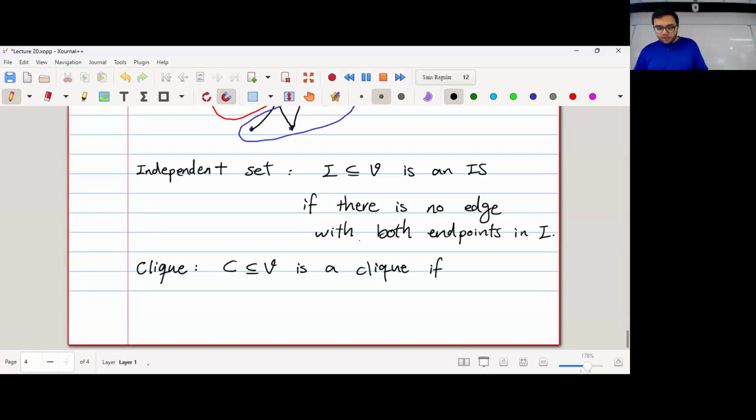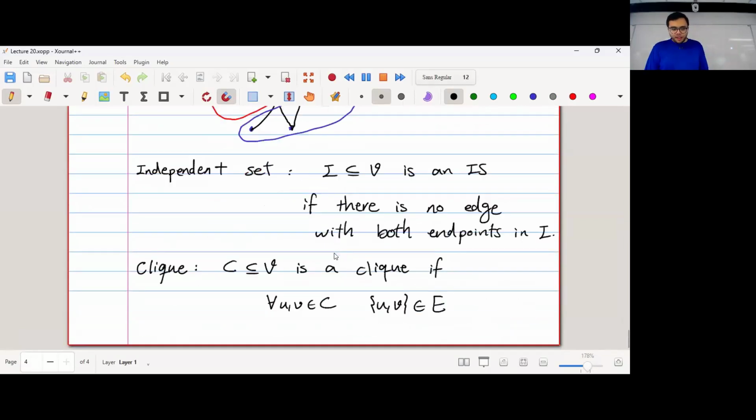If for every two vertices U, V in C, there is an edge from U to V. So an independent set is a bunch of vertices such that there is no edge between them. A clique is a bunch of vertices such that all the possible edges between them are already there. Every pair of them are connected by an edge.